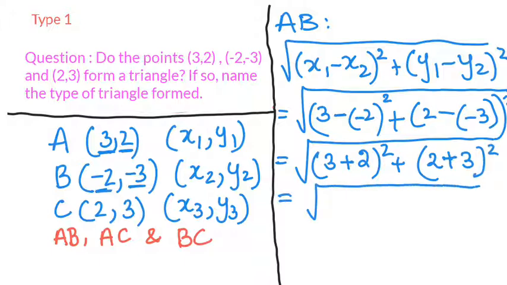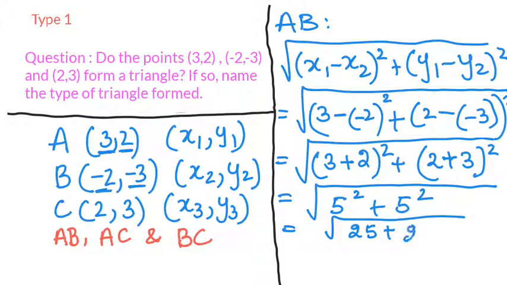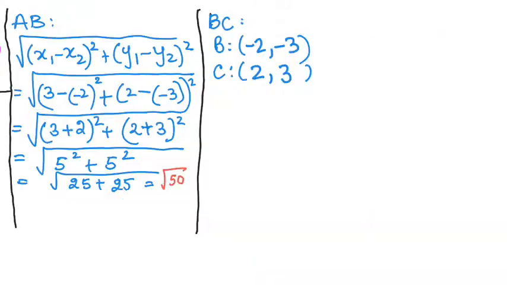Now we will finally solve the brackets. 3 plus 2 is 5, 5 square, plus again 2 plus 3 is 5, so 5 square. That becomes 25 plus 25, that is equal to root of 50. So the distance between A and B is root of 50.